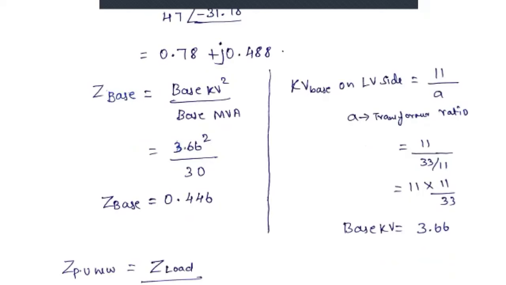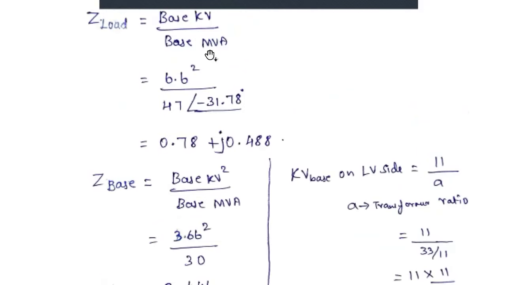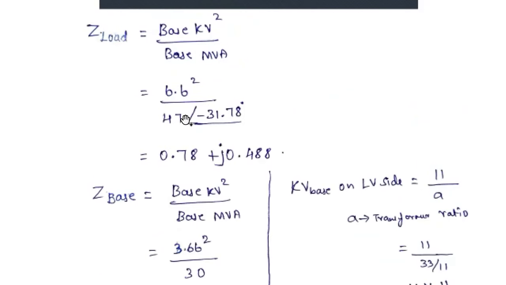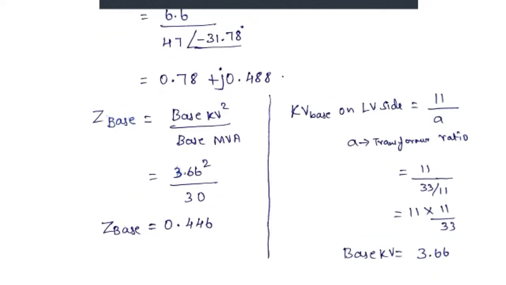Here the base MVA is with reference to the problem, that is from the generator. But when it comes to the load, the base MVA of the load, whatever we calculate, that we need to take. Don't confuse between the load and base values. So here 30 MVA, and while calculating Z base you are getting the answer as 0.466.